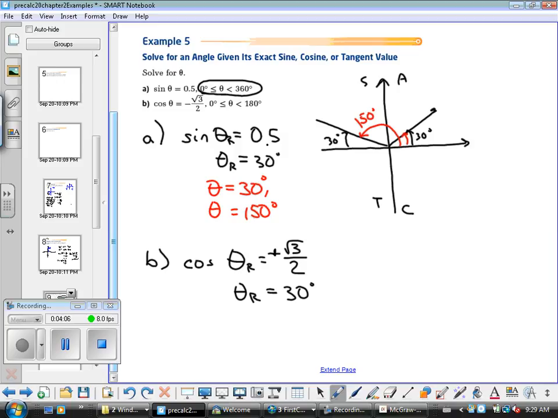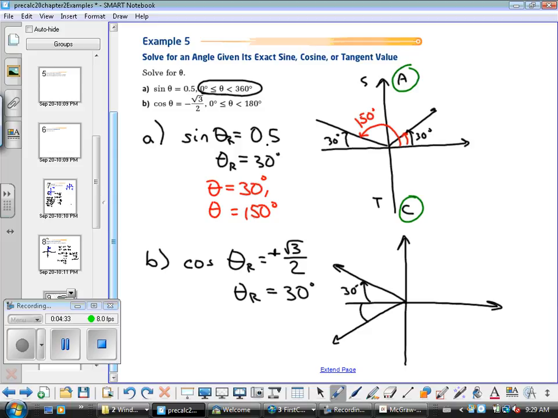Now we want to draw this, and we need to draw that reference angle in the correct quadrant. So we're looking for the quadrants that have cos as negative. Since we know that cos is positive in the first and fourth quadrant, we're looking in the second and third quadrant to find the negative cosine value. So we'll draw a reference angle, that's a 30-degree angle right here, and we'll also have one just right below it.